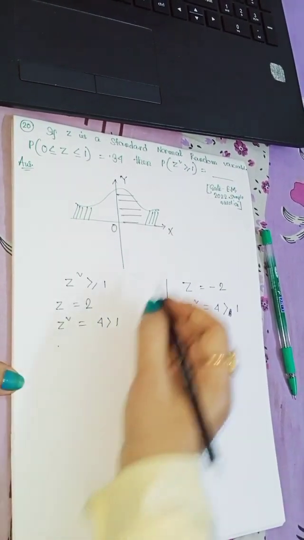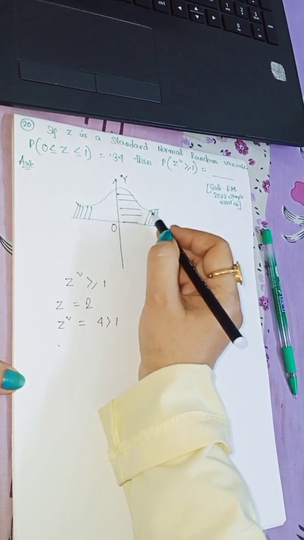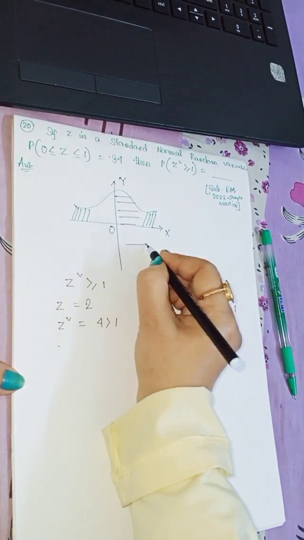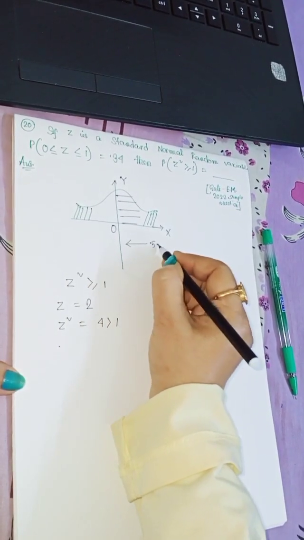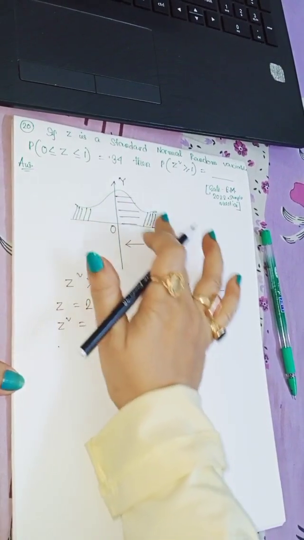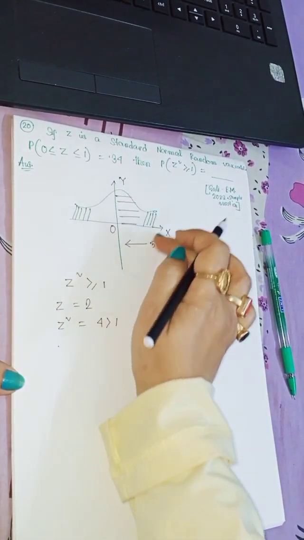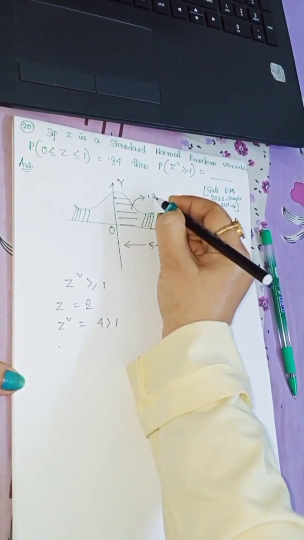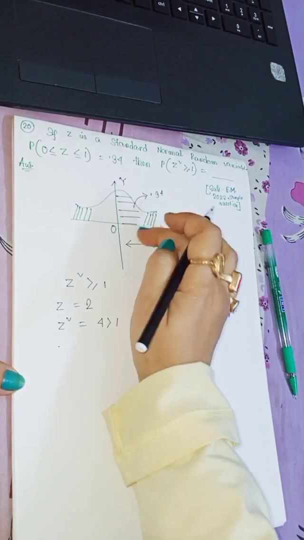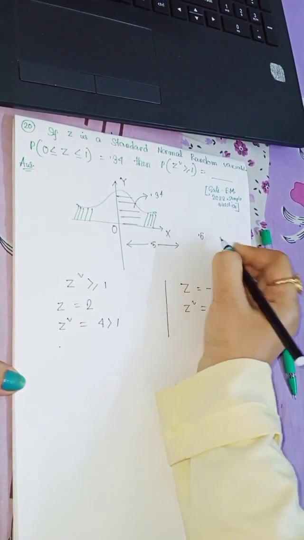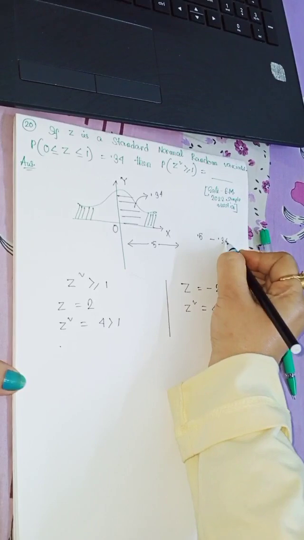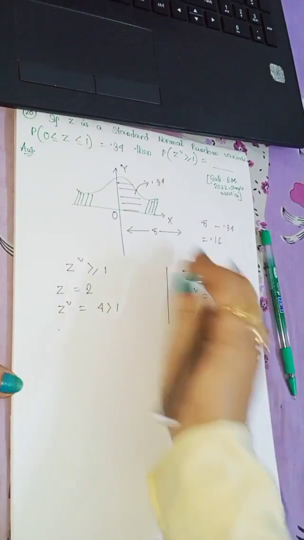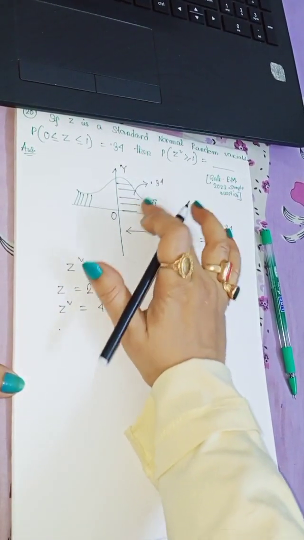Now if this half area is 0.5 and this area is 0.34, then the rest of the shaded area is 0.5 minus 0.34, which is equal to 0.16.